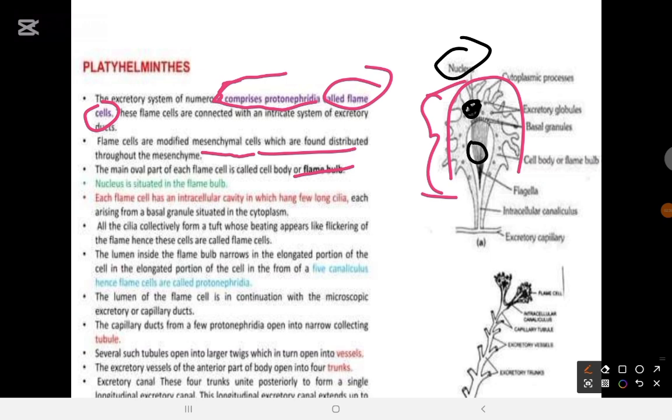All the cilia collectively form a tuft whose beating appears like the flickering of a flame. Hence, they are called flame cells.